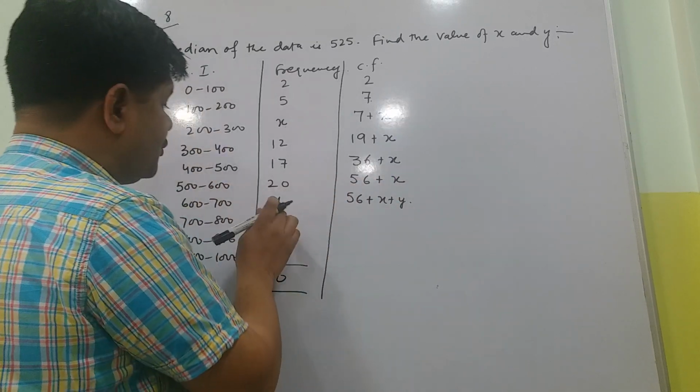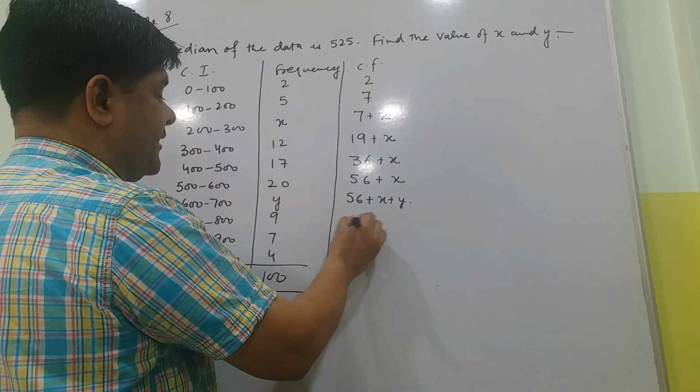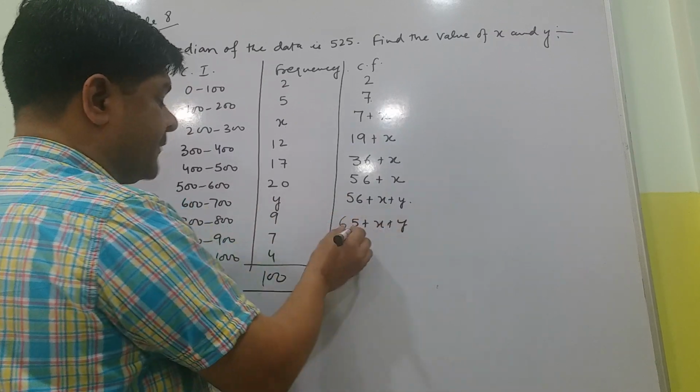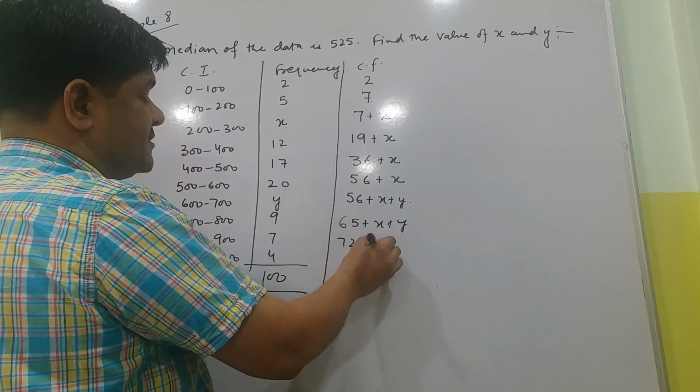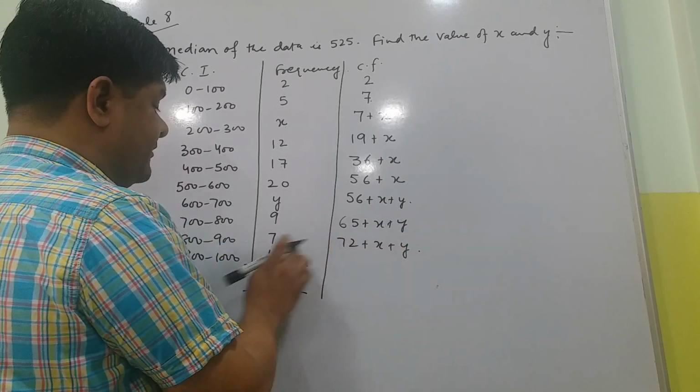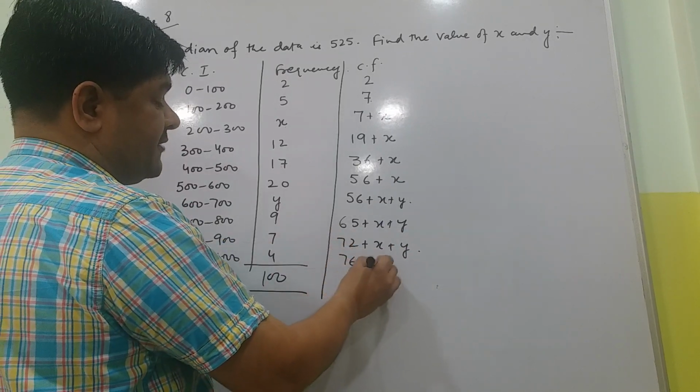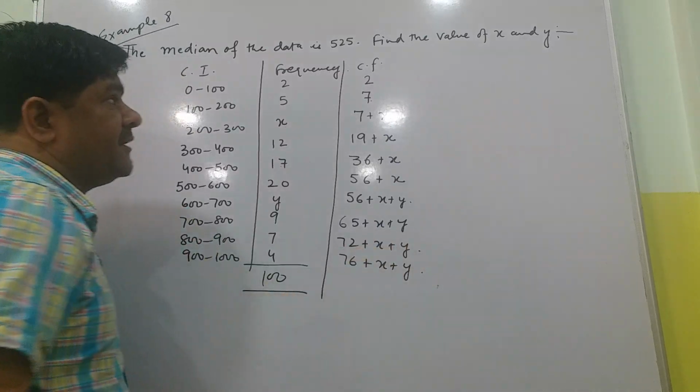So it comes out to be 65 plus x plus y, 65 plus 7, 72, 72 plus 4, 76 plus x plus y.